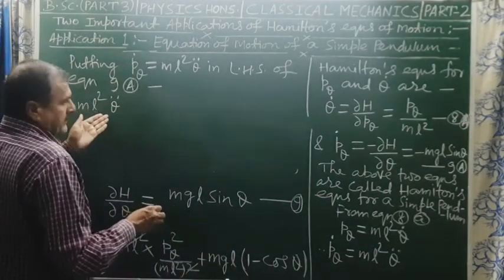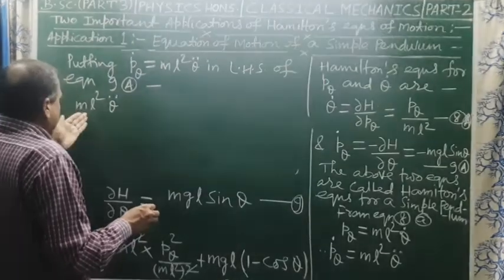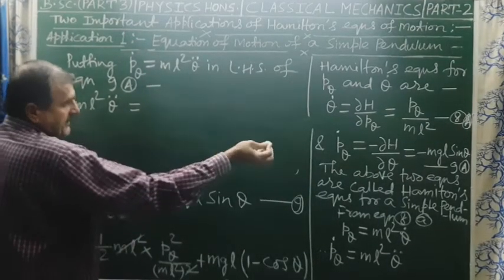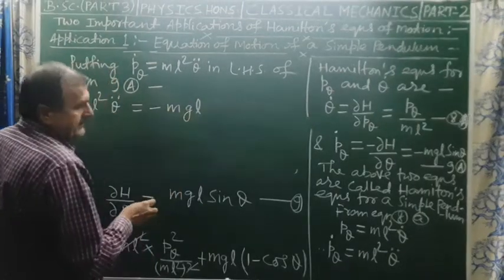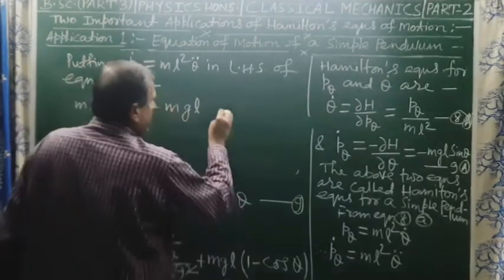So the LHS of 9a is ml square theta double dot in place of p theta dot, and the RHS is minus mgl sin theta.